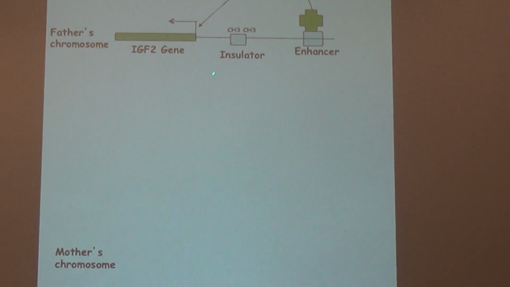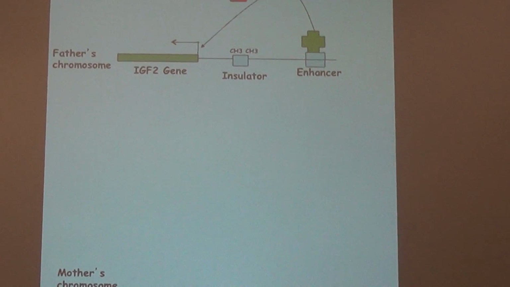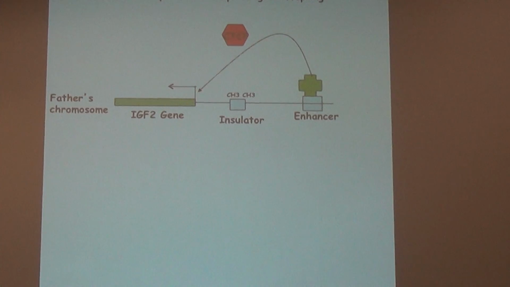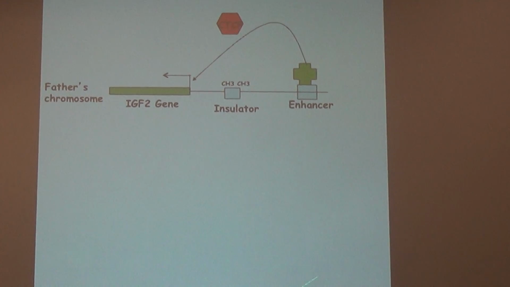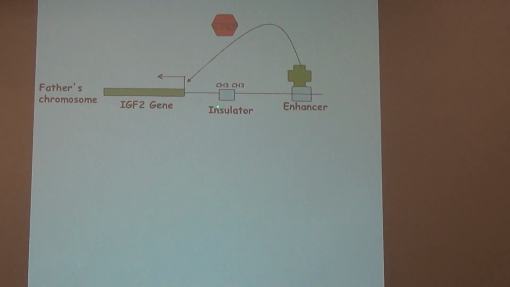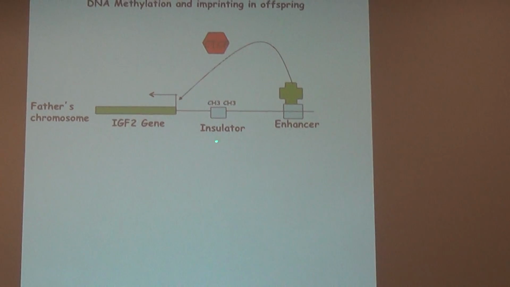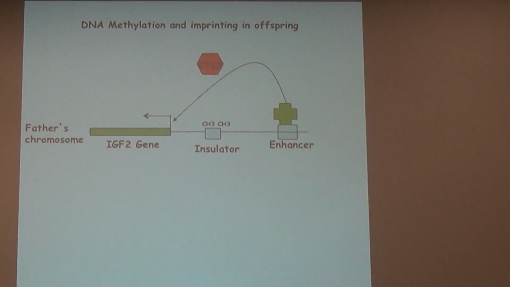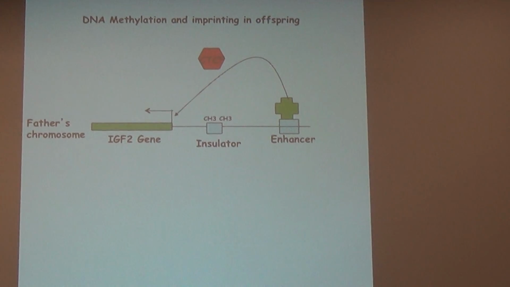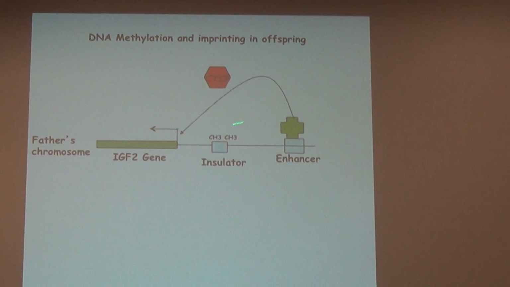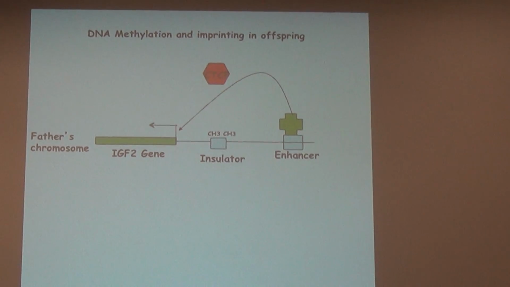There is a protein that binds this insulator. But in the father, this sequence here is methylated. The DNA of this sequence is methylated, and this protein cannot bind because it's methylated. This CTCF protein is unable to bind, and therefore it's unable to block the enhancer from activating the gene.